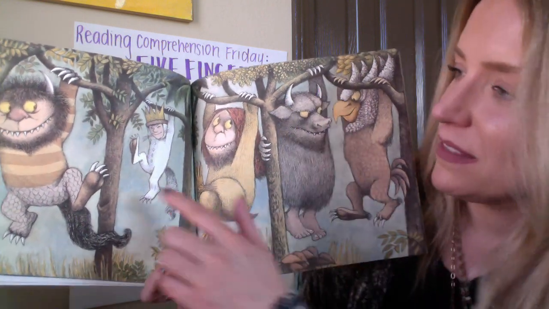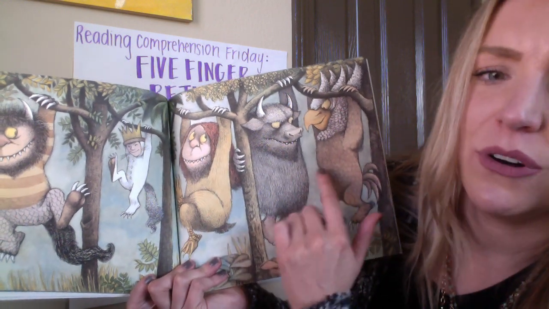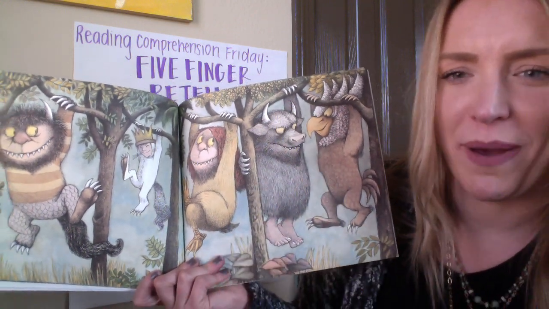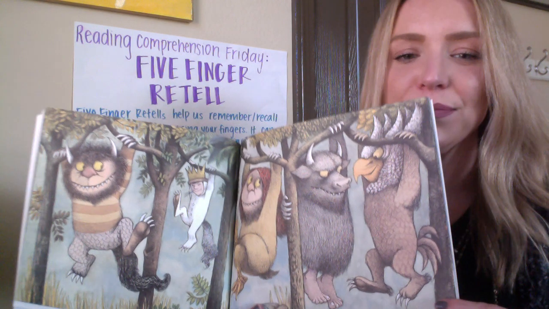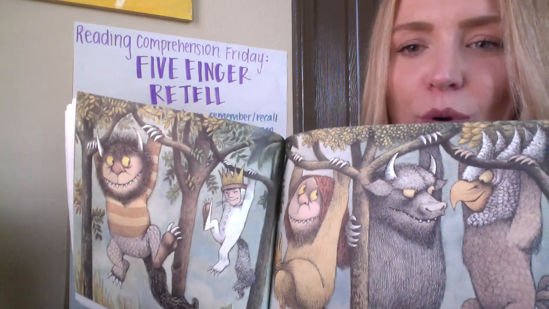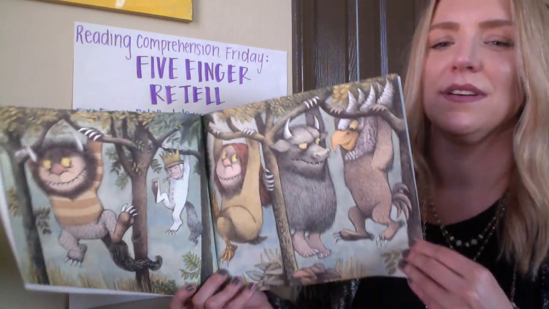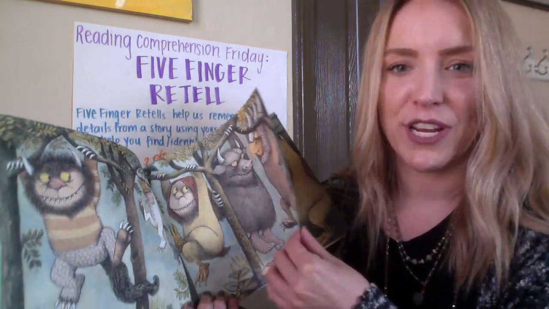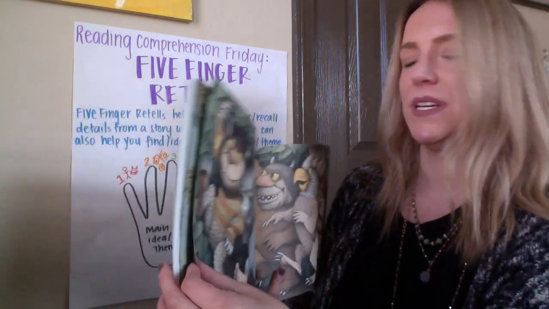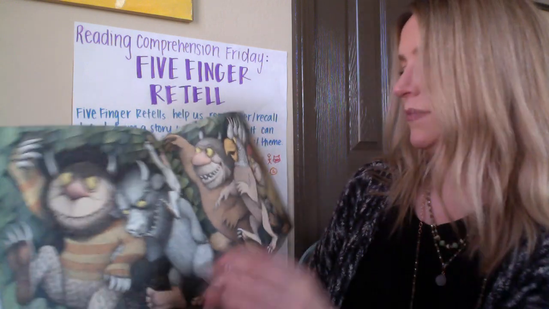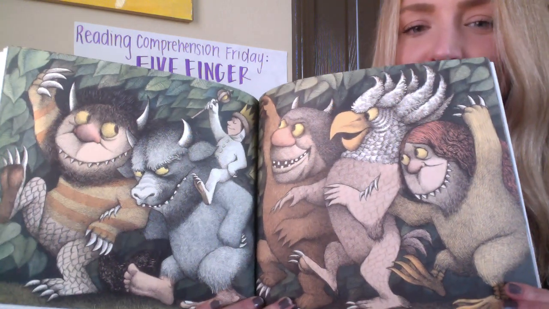Like this one kind of looks like an eagle. This one kind of looks like a buffalo, but not quite. So maybe he took real creatures in his imagination and made them into these wild things. I don't know. Such great pictures. They're having a blast.